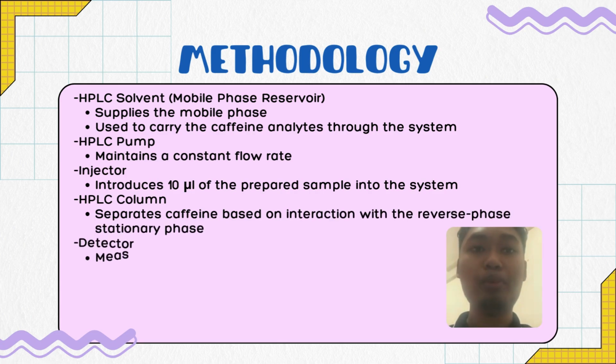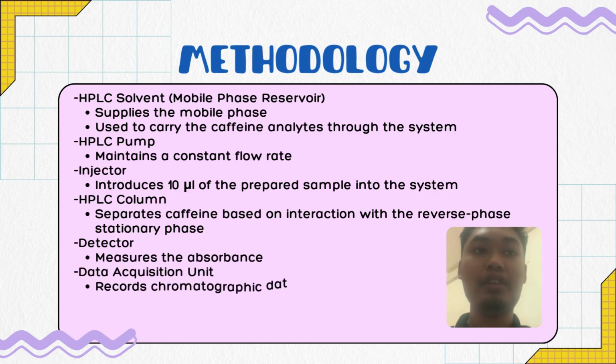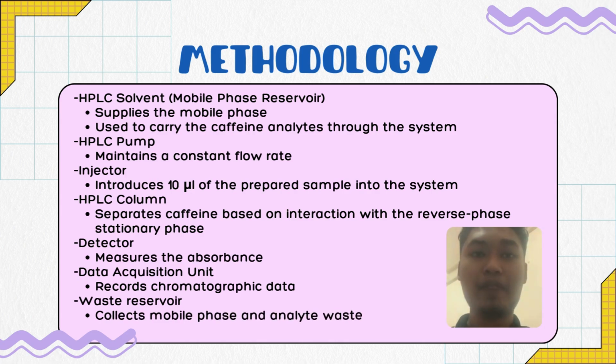The HPLC pump maintains a constant flow rate of 1 ml per minute, ensuring precise and consistent separation. The injector introduces 10 microliter of the prepared sample into the system. The HPLC column separates caffeine based on interaction with the reverse phase stationary phase.